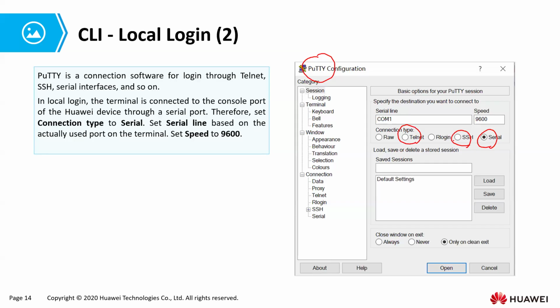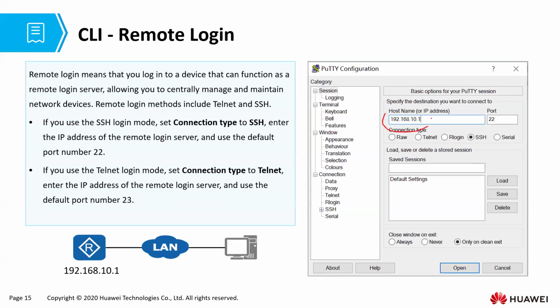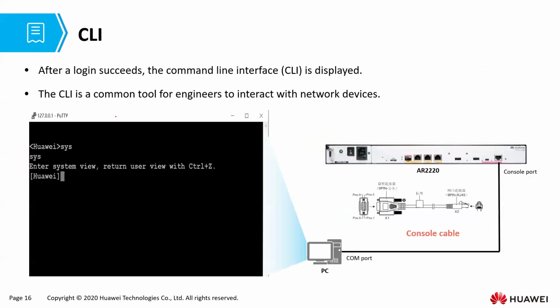If you're using Telnet or SSH, you will need an IP address. You just input the IP address, then you open a session, and voila, you are in your command line interface. That is what it looks like. Most of the configurations will be dealt with in the command line interface.